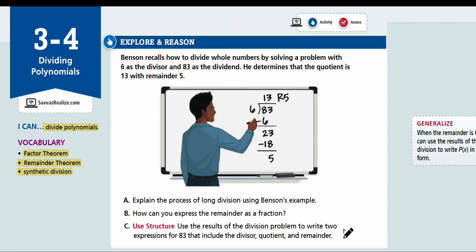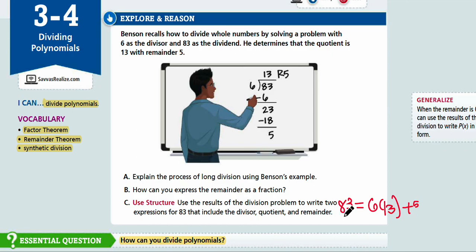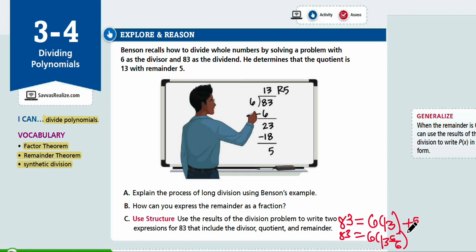This is very important because later when we think about polynomial division, we are going to use the same rule, okay? So 83 is the same as 6 times 13 plus 5. And then another expression that we could represent using the division is 6 times 13 and 5 over 6.